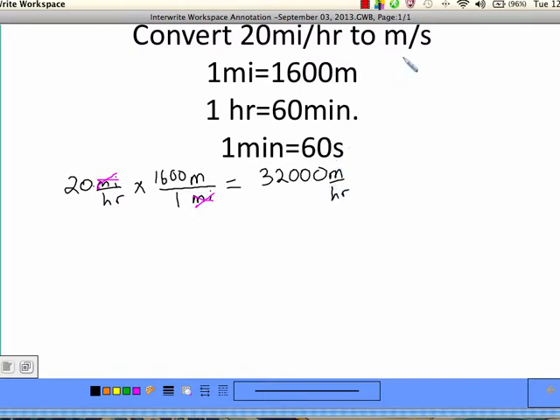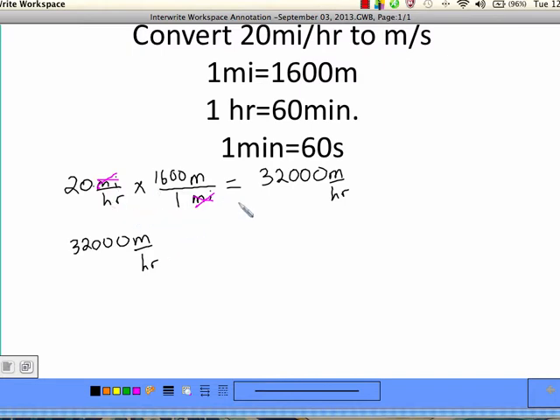But that's not what we want. We want to convert from miles per hour to meters per second. So I'm going to start a new line with what we have.